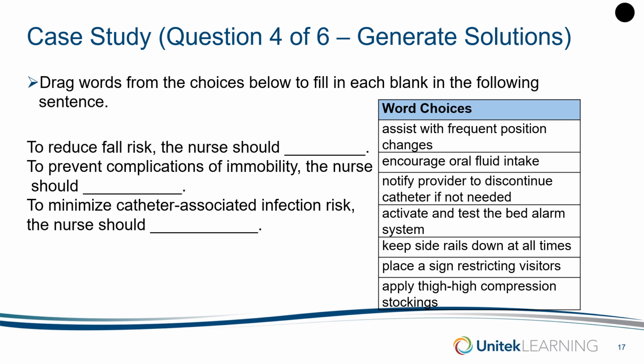So you're dragging the words from the word choice box to the blank to fill in the sentence. You can only use each selection one time. So it will not answer multiple different questions. It's one. So if you choose option number 1, which says assist with frequent position changes, if you choose to have that complete the second question, then it's gone.